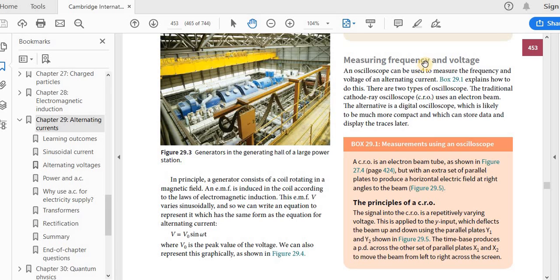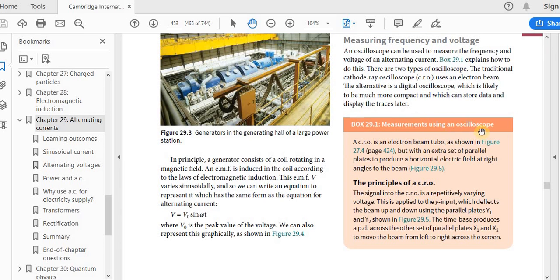Okay, then measuring voltage and frequency using the oscilloscope. This is the other topic. Then under oscilloscopes, we have two types of oscilloscope. The traditional cathode-ray oscilloscope, c.r.o., uses an electron beam, and the alternative is the digital oscilloscope, which is likely to be much more compact and which can store data and display the traces later.